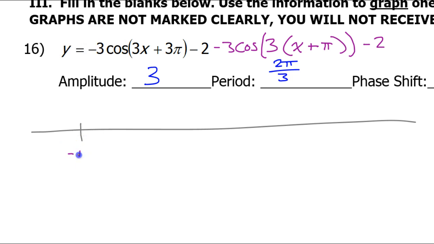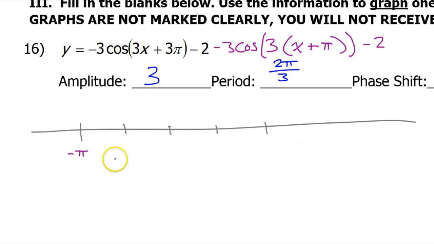We always need 5 values for each period. Now for my other values, I'm going to count 4 spaces to the right. So here I go: 1, 2, 3, 4. This will give me 1 full period.